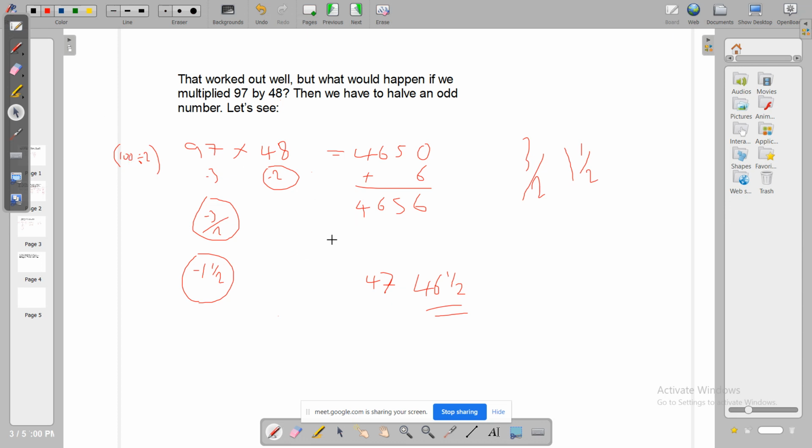So when you multiply 100 by 46, what will be the answer? It will be 4600, right? Yes, sir. Okay, now you multiply half by 100.